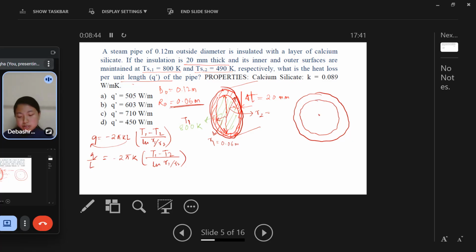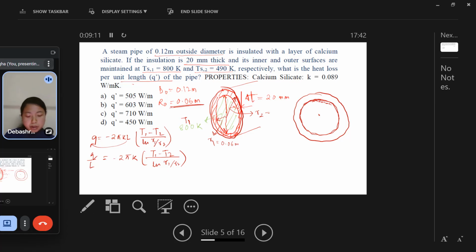What is the question given? A steam pipe of 0.12 meter outside diameter is insulated with a layer of calcium silicate. I'm drawing only the cross section here for your understanding.